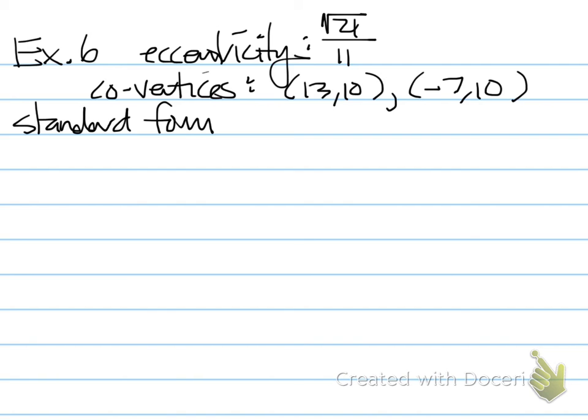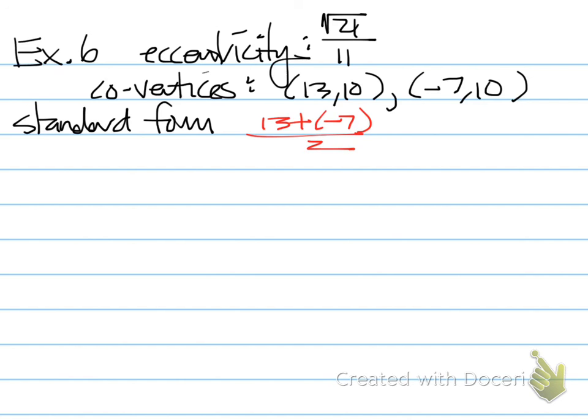And the last example, we're given the eccentricity. Eccentricity is C over A, so we know C is the square root of 21, A is 11, and the covertices give us the endpoints of the minor axis. So to find out what the x coordinate of the center is, we're going to take the average of the x coordinates of the covertices.